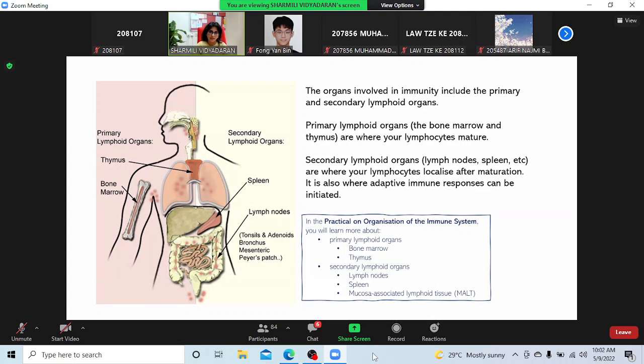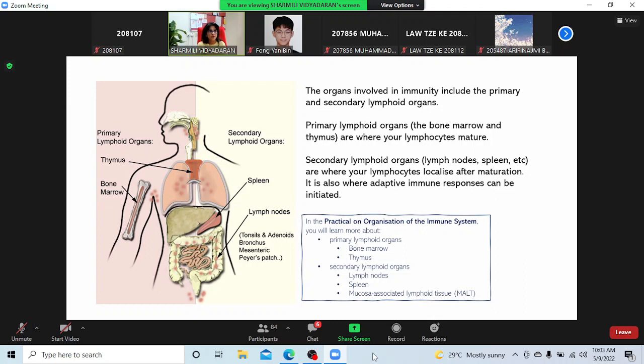But in a nutshell, your primary lymphoid organs, which are on this side of the diagram, are basically your bone marrow and your thymus. Primary lymphoid organs is a name we have given to these two organs because when it comes to the development of an immune cell, an immune cell needs to be born and then it needs to learn a few things and become equipped, if you like.